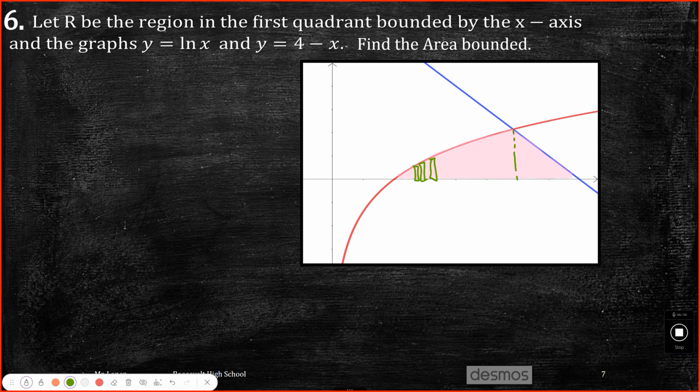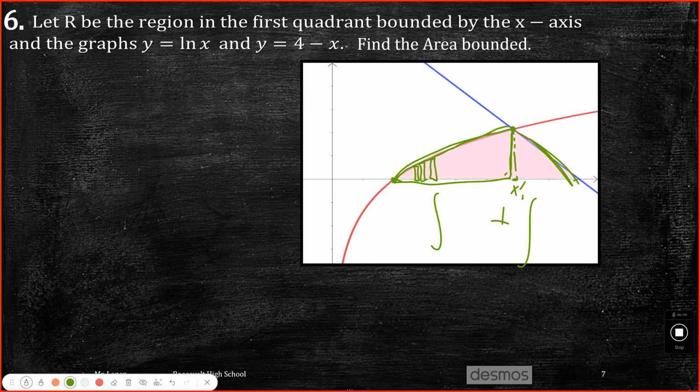We could just figure out what this x value is here, and then from here we can integrate. It's just a regular integral. Just integrate this, and then add the integral from here to here of this one.